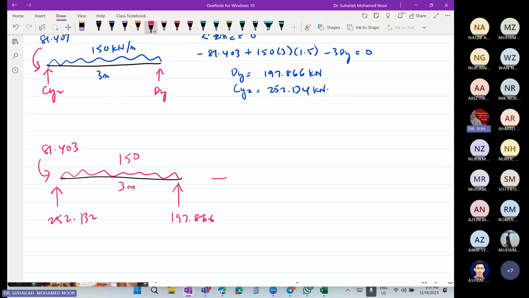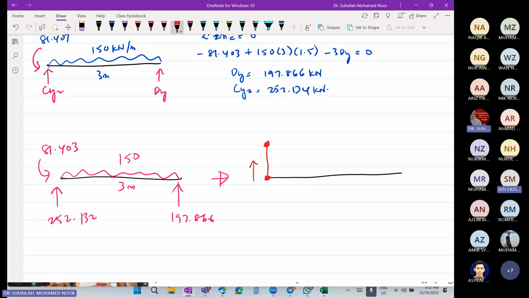So how does the shear force diagram look? Start with 0. Arrow like this, right? So this is the point. We have to draw upward.